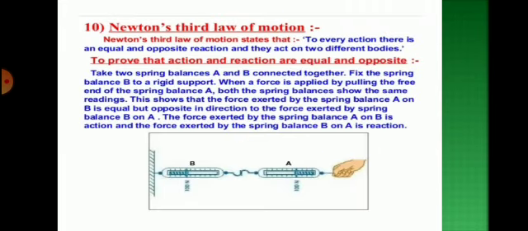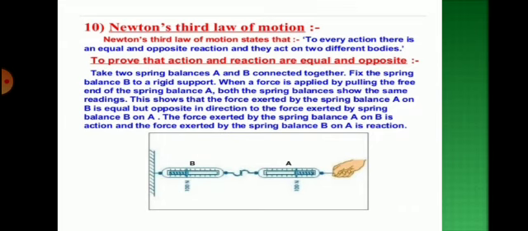And our next topic is Newton's third law of motion. Newton's third law of motion states that to every action there is an equal and opposite reaction, and they act on two different bodies.